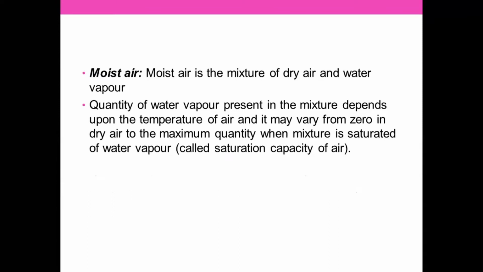Then what is moist air? Moist air is the mixture of dry air and water vapor. So moist air is also air which is in a gaseous form, a mixture of air plus water vapor.